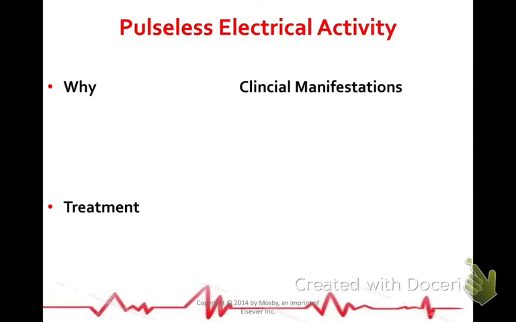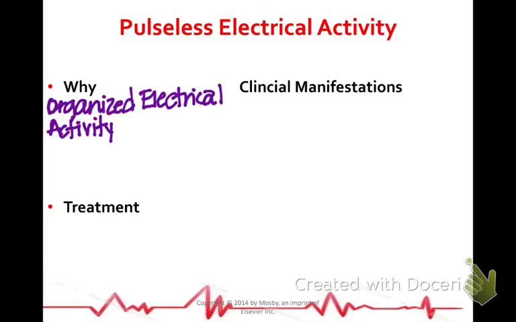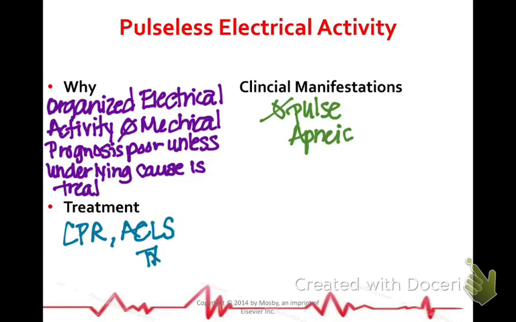Pulseless electrical activity. Why? It's organized electrical activity, usually with no mechanical activity, and the prognosis is poor unless the underlying cause is treated. You've got no pulse, no breathing.